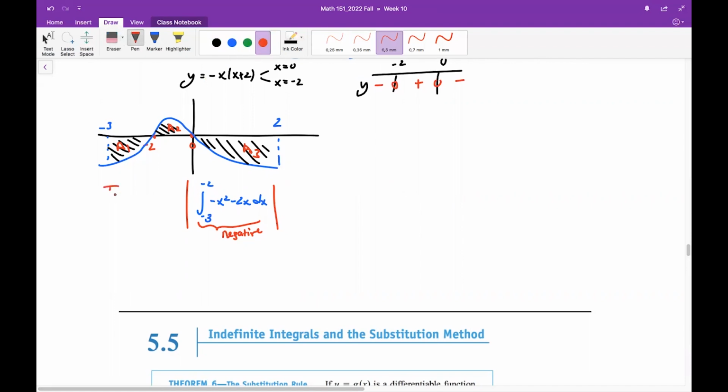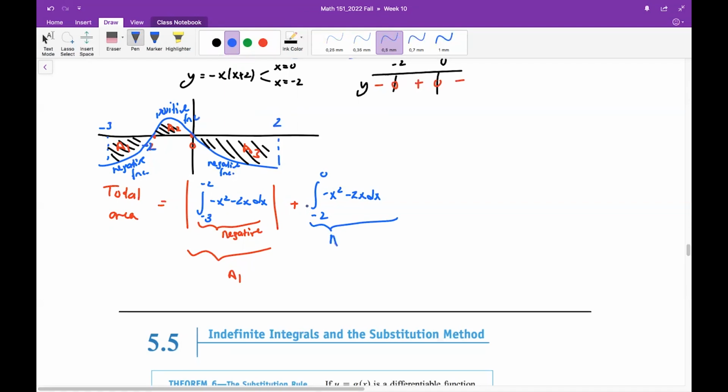I will write the total area. This is what A1 is, plus, what about A2? There is no problem with A2. It is directly the definite integral of your function, because your function is positive here, negative here, and negative again here. From -2 to 0, since it is a positive function, it gives us directly the value of A2.